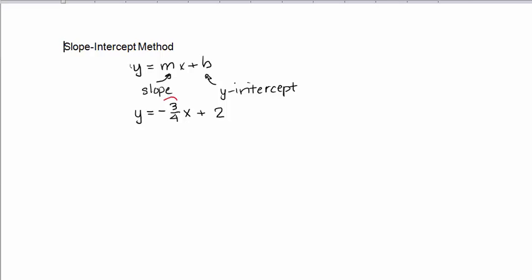So our slope is the coefficient of our x, not including the x. I'm going to use the letter m to remind ourselves: m is -3/4. Our y-intercept is 2, so that is the point 0, positive 2.